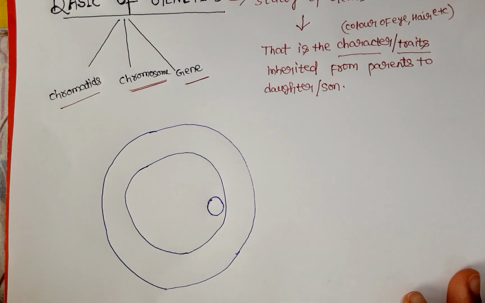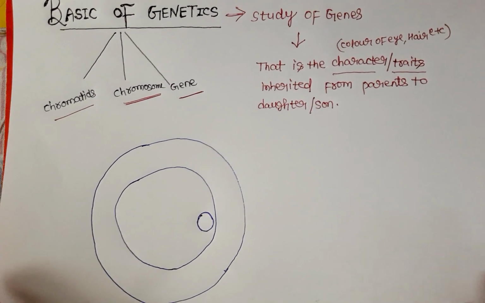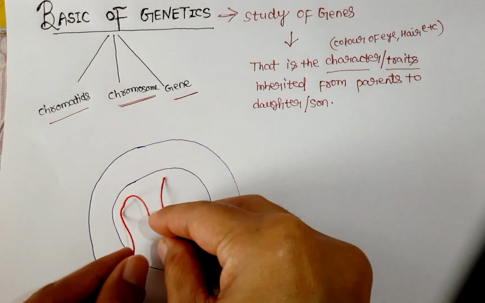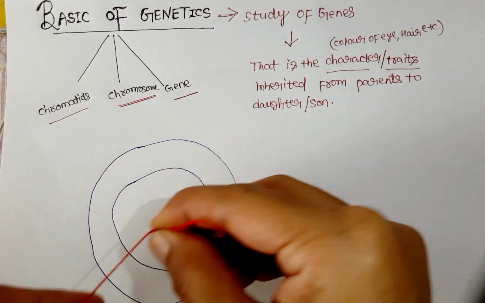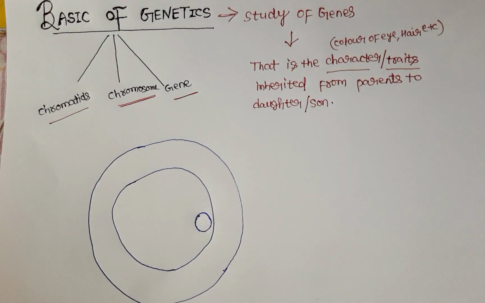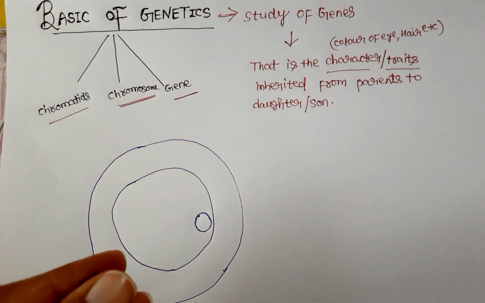And what is present inside the nucleus? That is chromatid, which I am going to draw. Start with the black color so you will understand better.